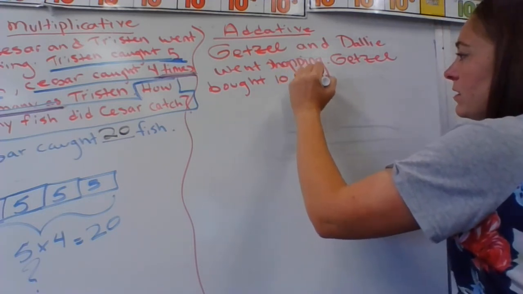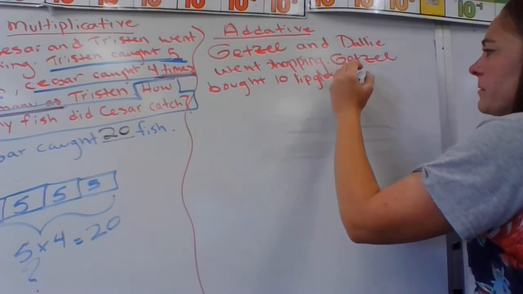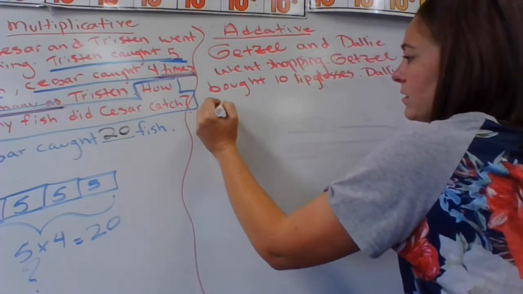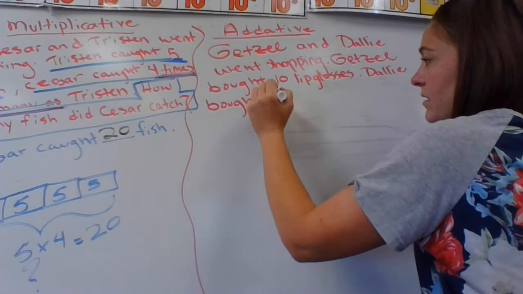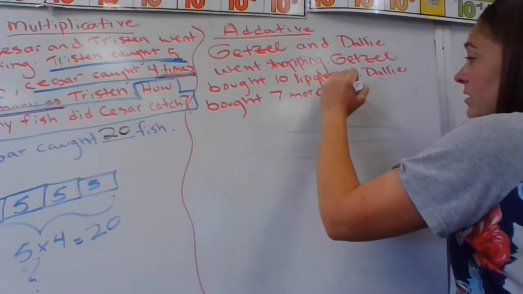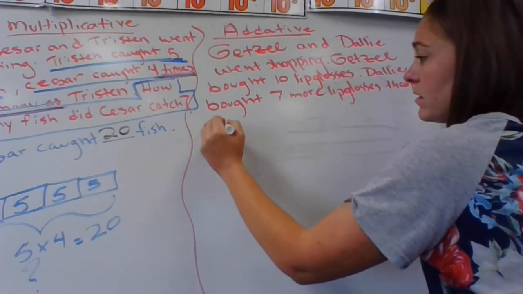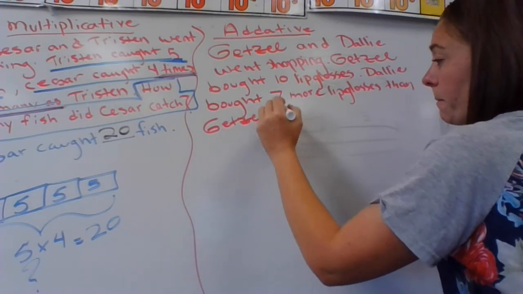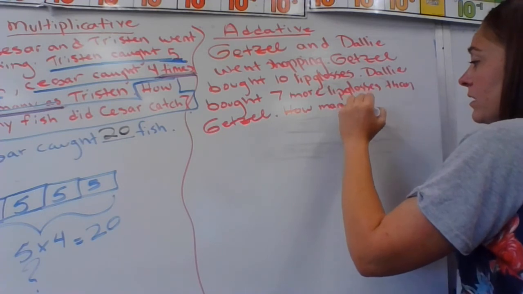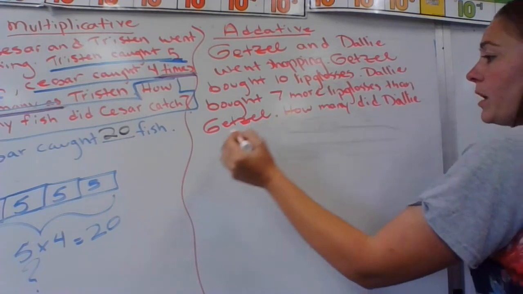Lip glosses. Dally bought 7 more lip glosses than Hetzel. How many did Dally buy?